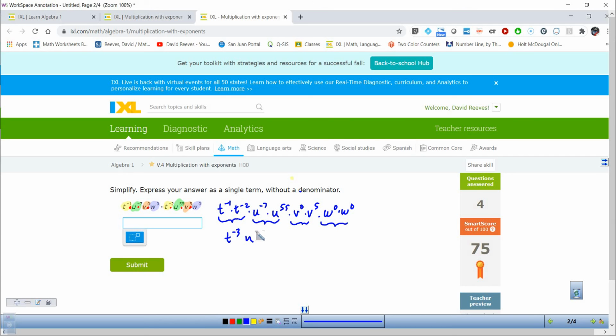How many more positives do I have? Let's see, 55 minus 7 is 48, right? V, this one's pretty easy. 0 plus 5 is 5. And if you thought that one was easy, 0 plus 0 is 0. All right? So t to the -3, u to the 48, v to the 5, w to the 0.